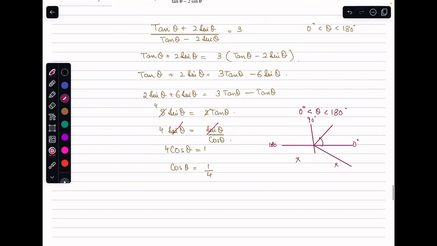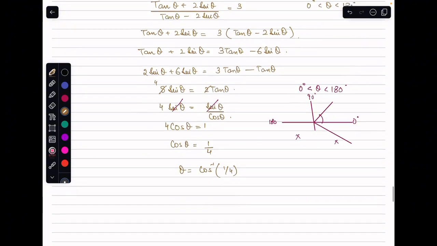Our theta value comes out to be cos inverse of 1/4, or 0.25, which equals 75.5 degrees. So theta equals 75.5 degrees, and this is the only solution for this question.